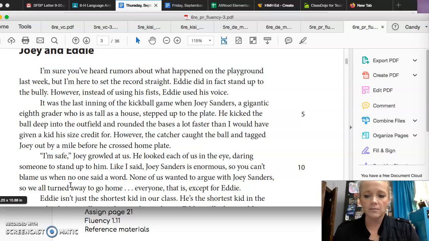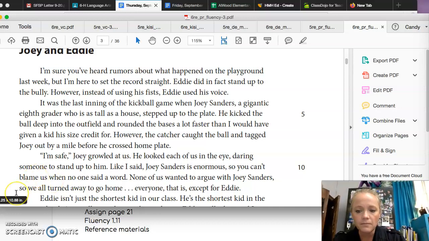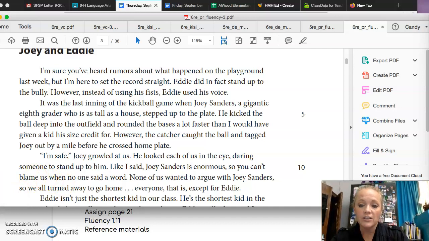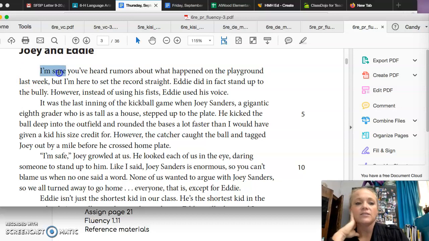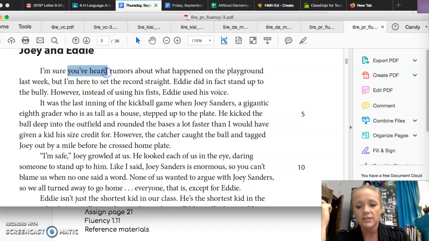And the other thing we talked about in class was one strategy you can start trying is to look at 2 words at a time. Some of you may already be looking at more than that, but your brain is getting ready to say, I'm sure. And as you're starting to say, I'm sure, your eyes should scan ahead to the next set of words.